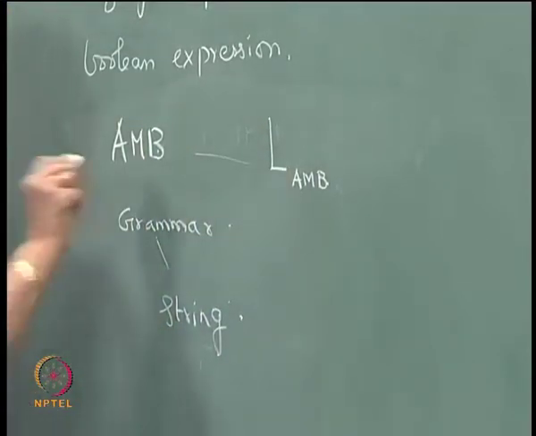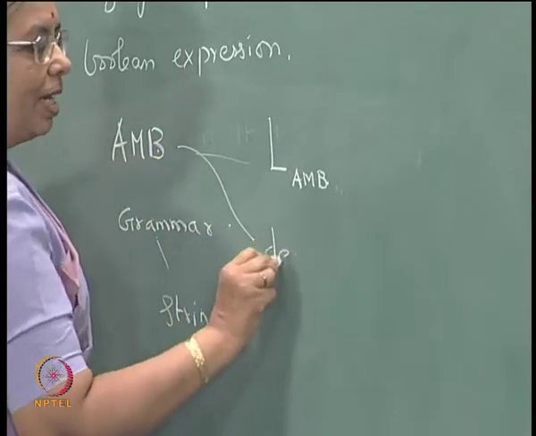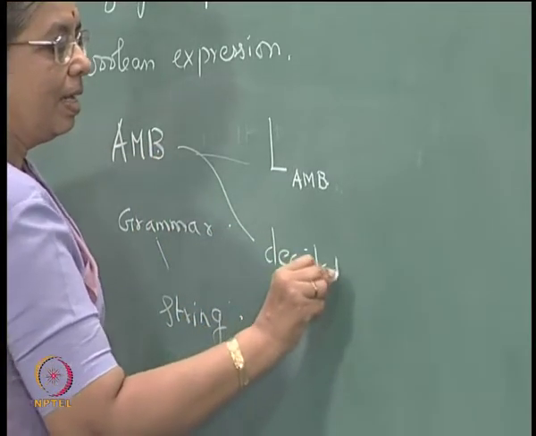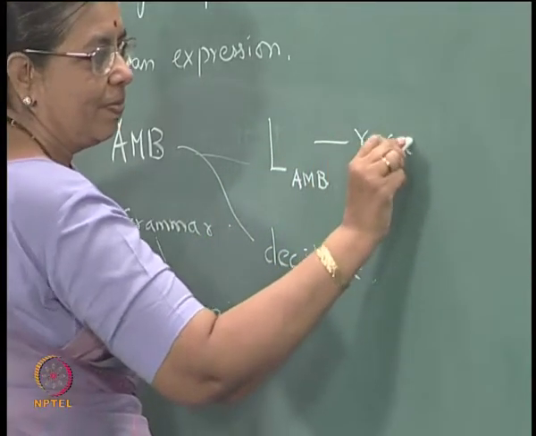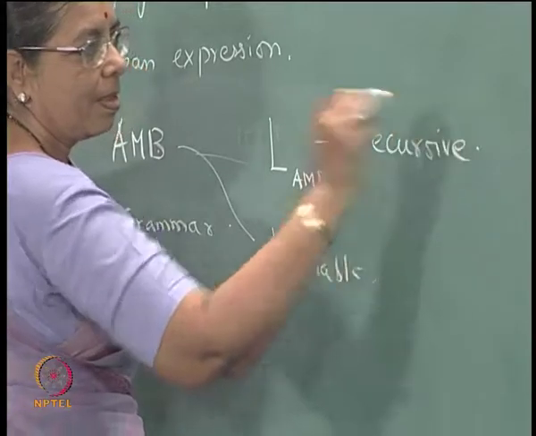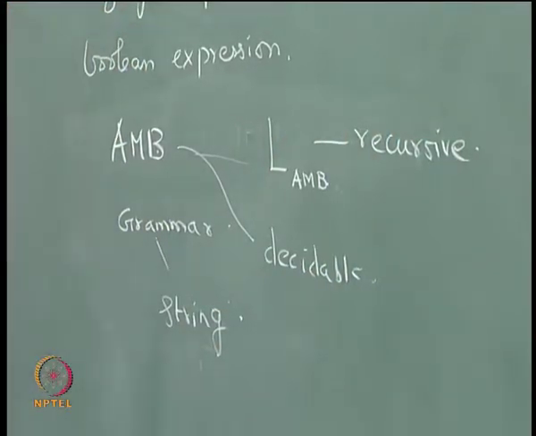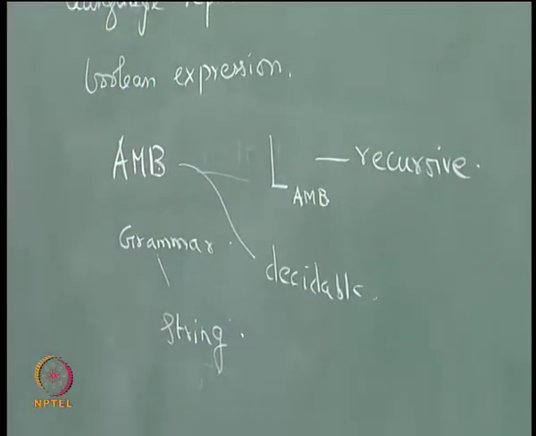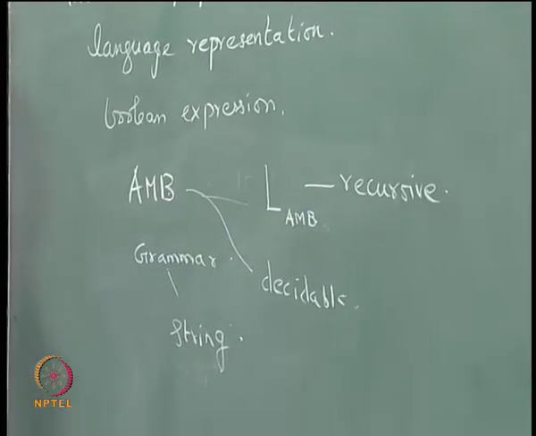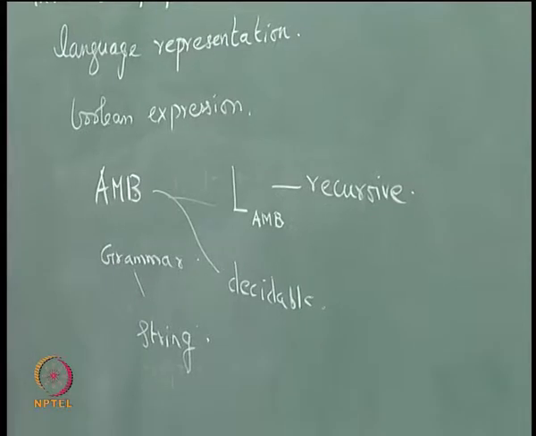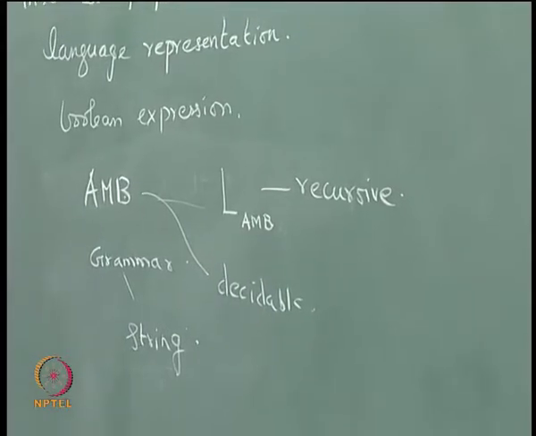Okay. Now, when do you say that ambiguity is decidable? When do you say it is decidable? When this language is recursive. It has to halt and say, when do you say that a language is recursive? It corresponds to a Turing machine which halts on all inputs, right.